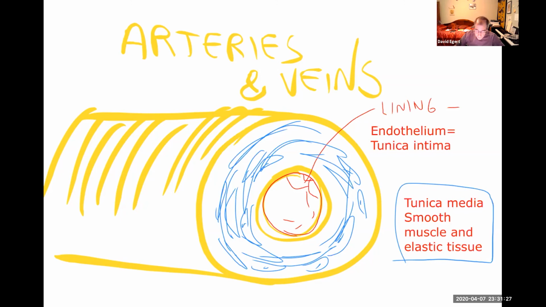Elastic fibers. If you remember elastic fibers from the elastic cartilage, the elastic fibers tend to dye this kind of black purple color. So if you're looking at a vessel under the microscope and you see the elastic fibers, they tend to dye kind of this dark purple.